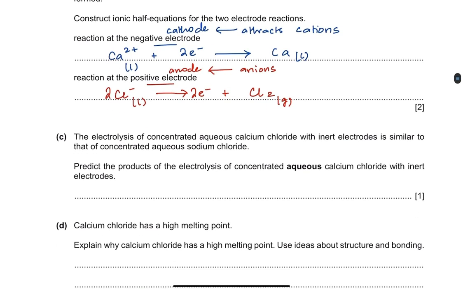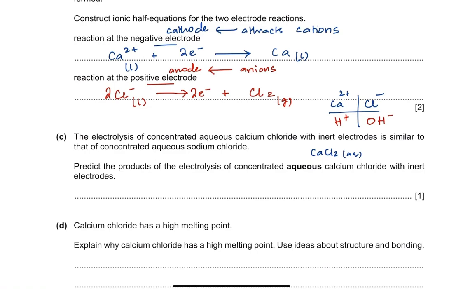The electrolysis of concentrated aqueous sodium chloride with inert electrodes is similar to that of concentrated aqueous calcium chloride. Predict the products of the electrolysis of concentrated aqueous calcium chloride. We should understand that here we have 4 ions. In aqueous calcium chloride, not only do we have calcium ions and chloride ions, but we also have H+ ions and OH- ions.